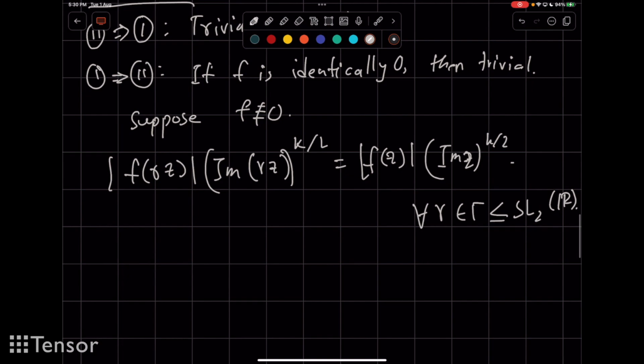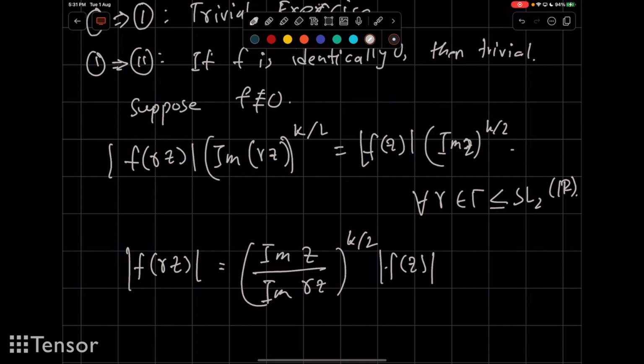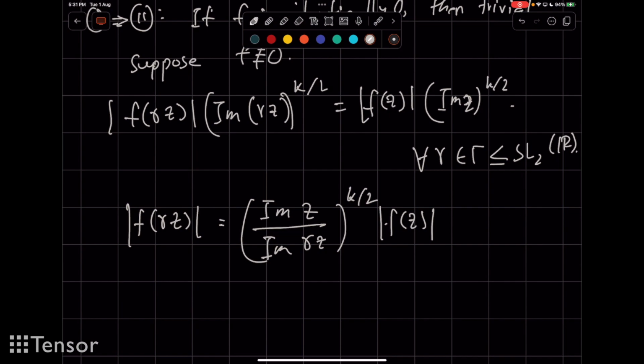Now, we shall rearrange things. f of gamma z is equal to the imaginary part of z divided by the imaginary part of gamma z, to the power k over 2, times f of z. Now, can someone tell me what is this ratio of the imaginary part of z over the imaginary part of gamma z?